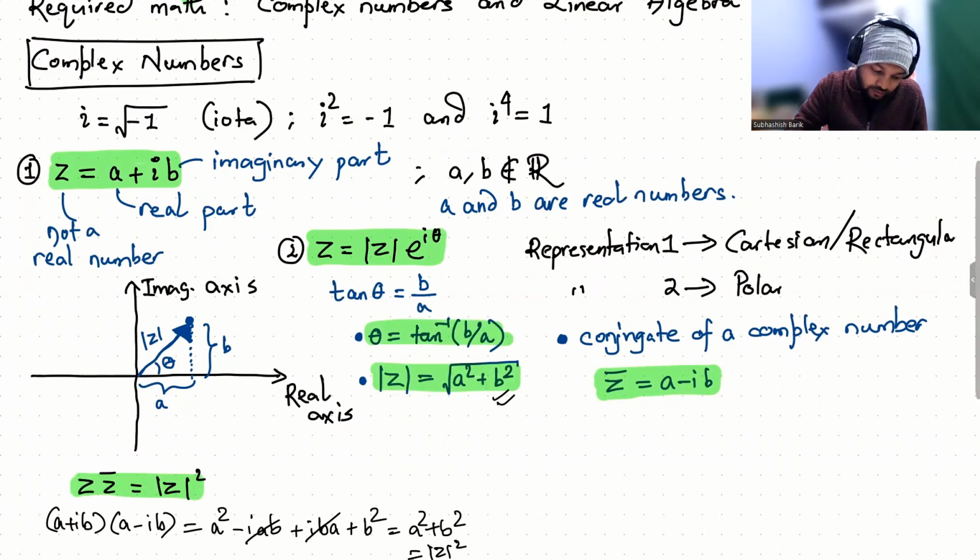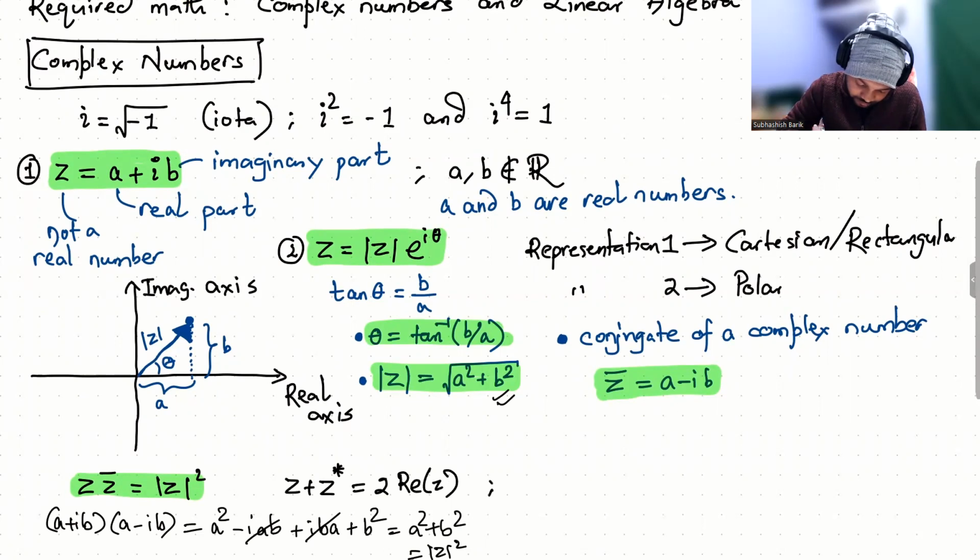We can also see that if you take the addition of the two numbers, so if I take z plus z bar, then it becomes 2 times the real part of z.